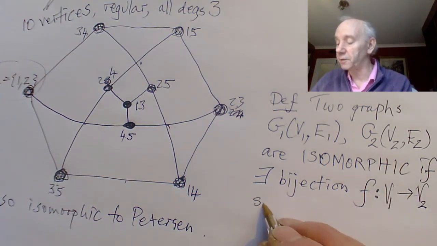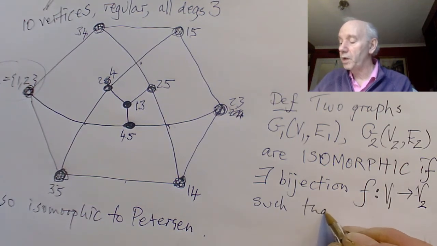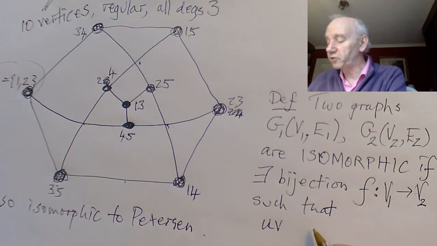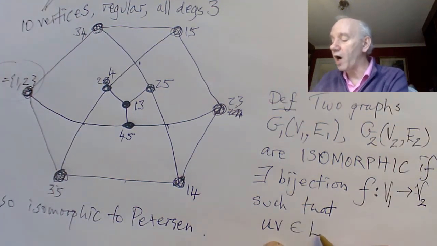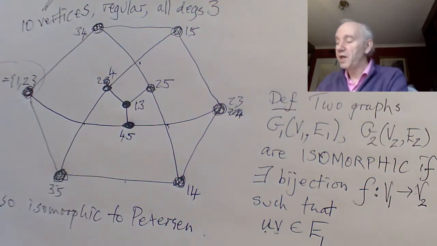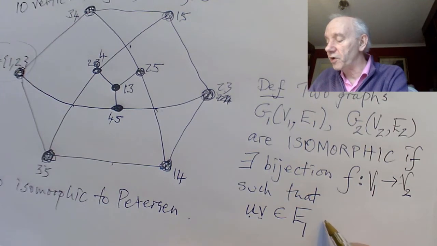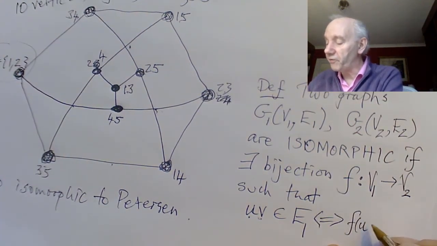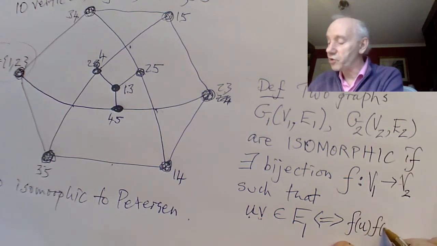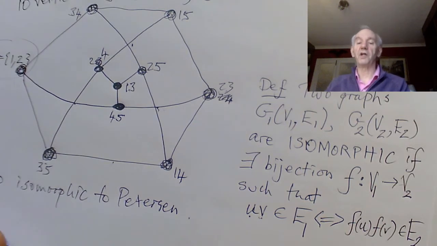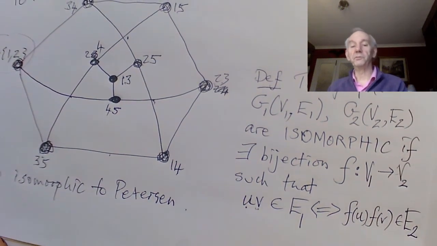So such that UV is an edge in the first graph, so UV is in E1, that means the unordered subset consisting of U and V is in E1, if and only if their images form an edge. That means F of U, F of V is an edge in the second graph. That's the notion of isomorphism.